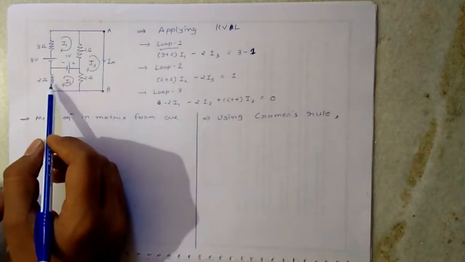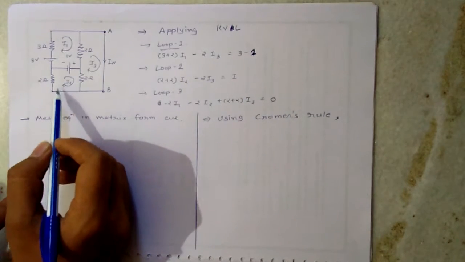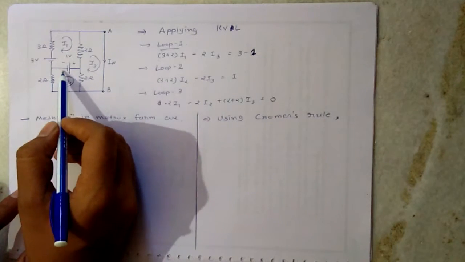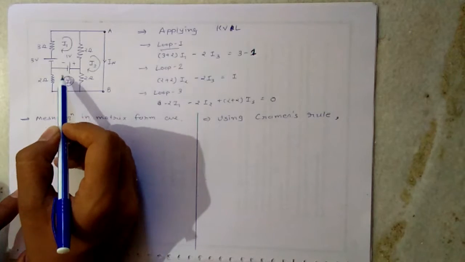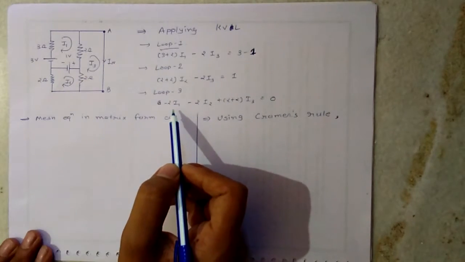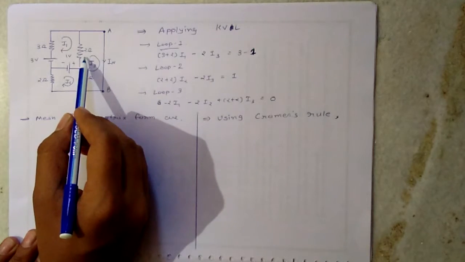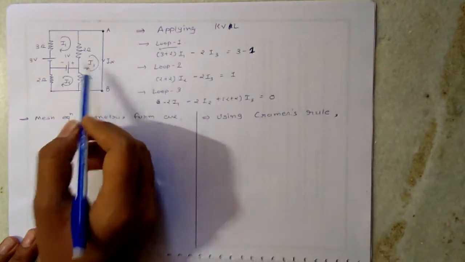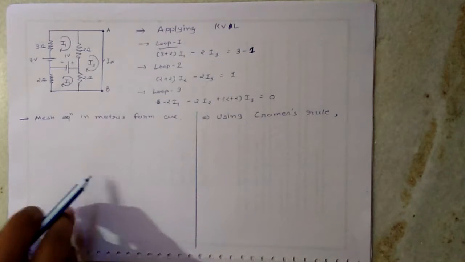Same as for loop 2, 2 plus 2 resistance with current I2, and 2 with I3 also, and the voltage source by this path, minus to plus, that is plus. Same way for loop 3, minus 2I1 minus 2I2 plus 4I3, which is equal to 0.